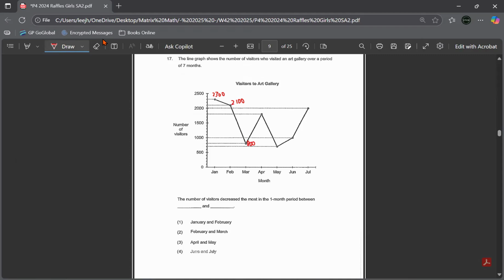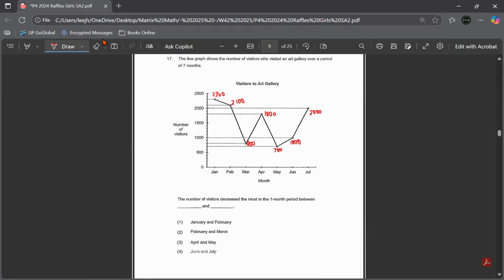This one is 1000, 1100, 1200, 1300, 1400, 1500, 1600, 1700, 1800. May is 500, 600, 700. June is exactly 1000 if you can see. And July is exactly 2000.